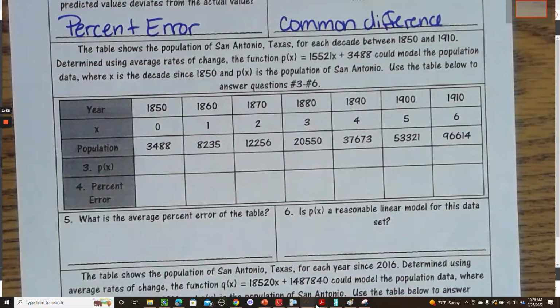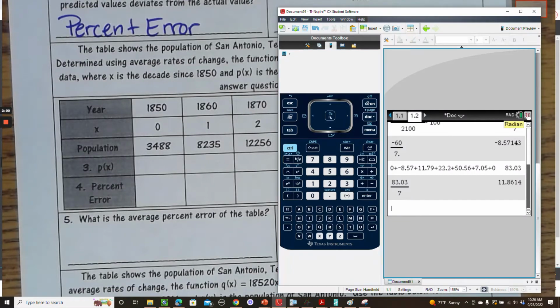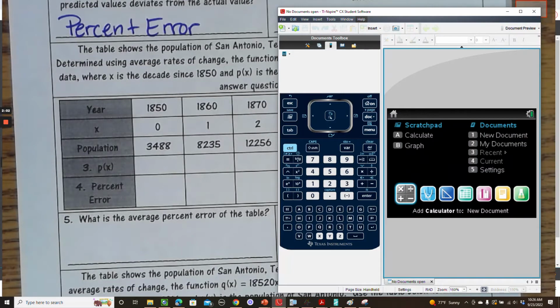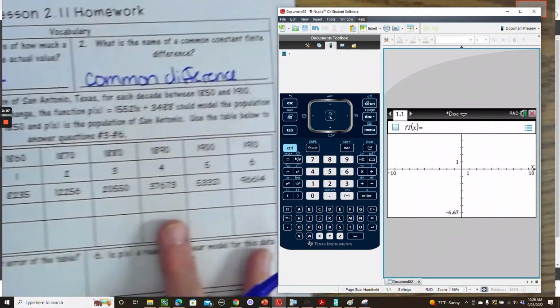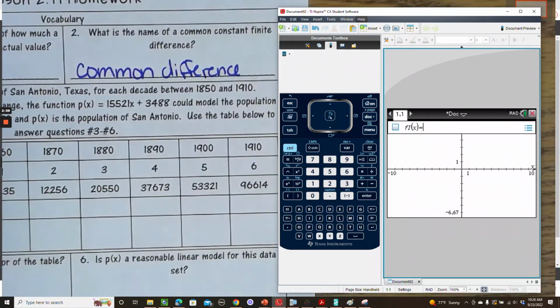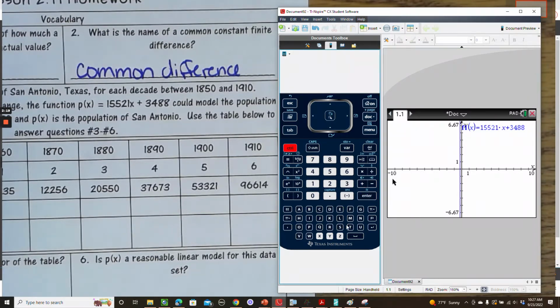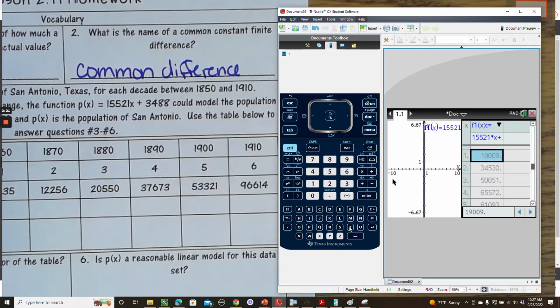So to do that, in your calculator, start up a new graph, new blue graph, and then we're going to put that equation in there. 15,521 X plus 3488. And then we're going to do Control T. The only problem with this is it likes to round stuff off.